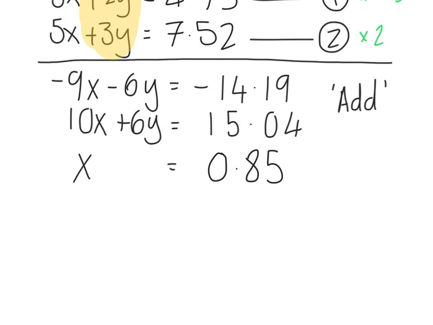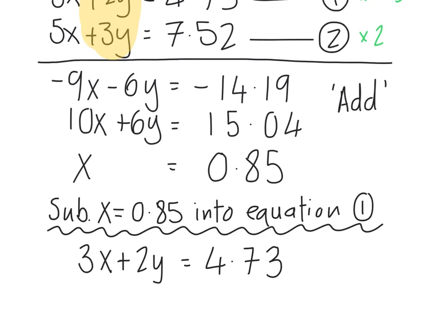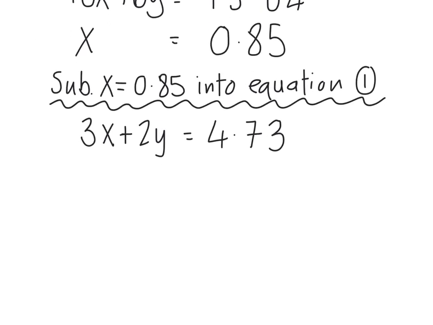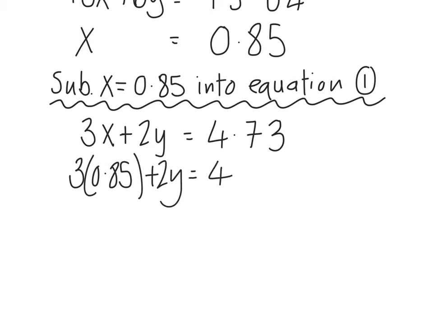So what we want to do now is substitute x equals 0.85 into equation 1. So that's 3 times 0.85 plus 2y equals £4.73.